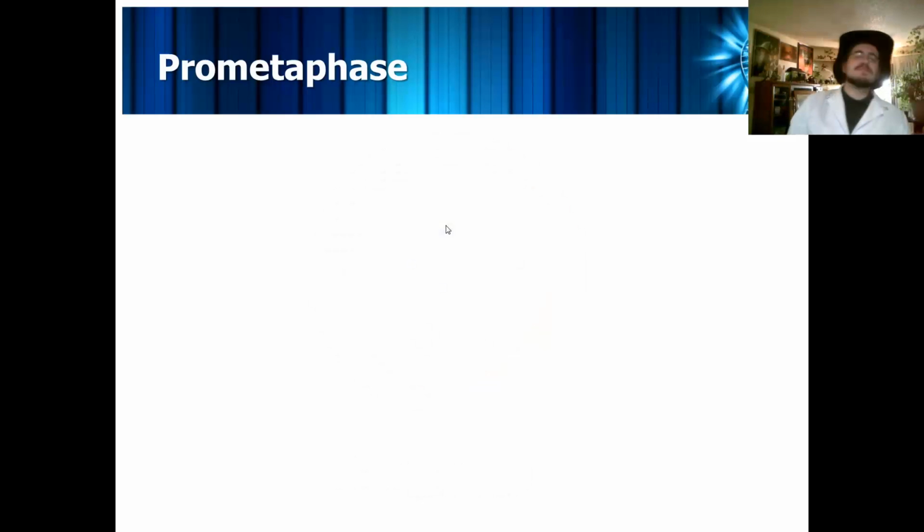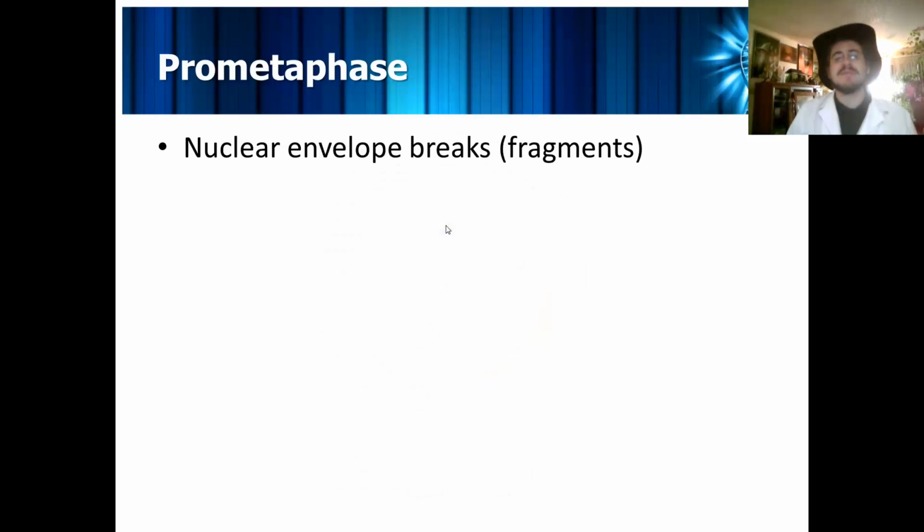This leads us into prometaphase. In prometaphase, the nuclear envelope fragments. So, that nuclear envelope that was intact in prophase now breaks down into little chunks. And when it does that, it exposes our now fully condensed chromosomes to the cytoplasm.